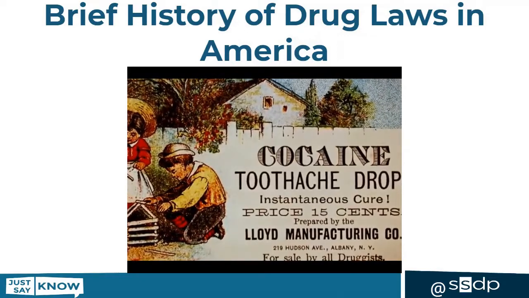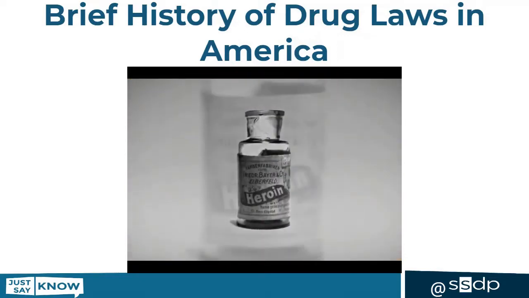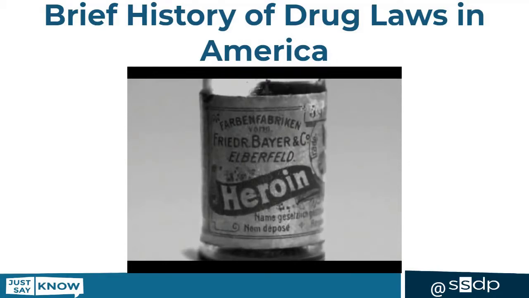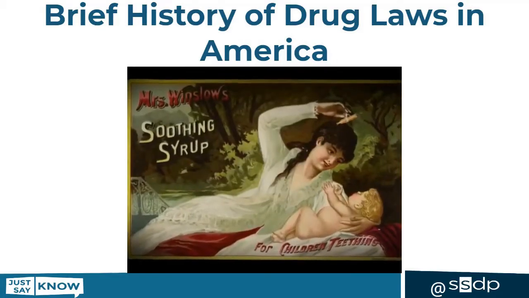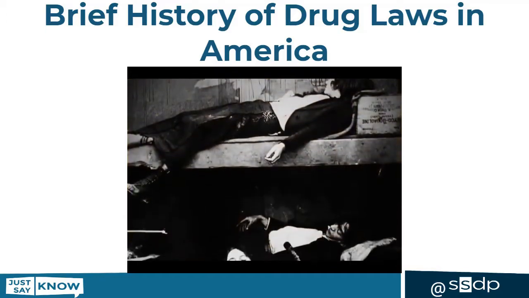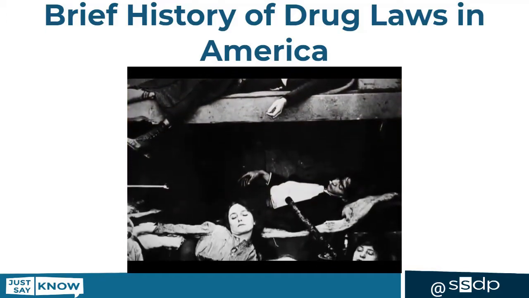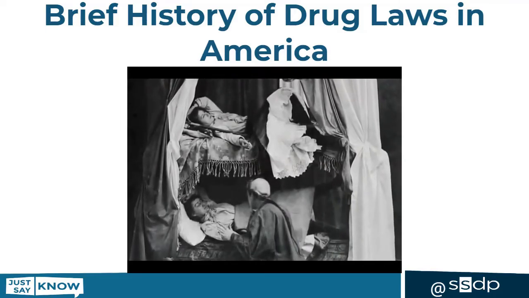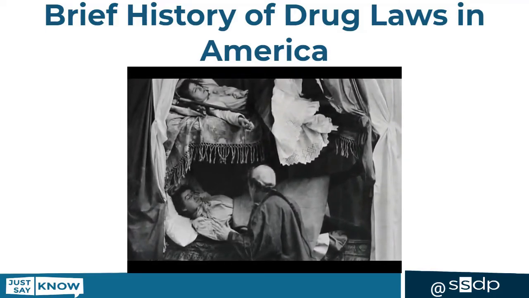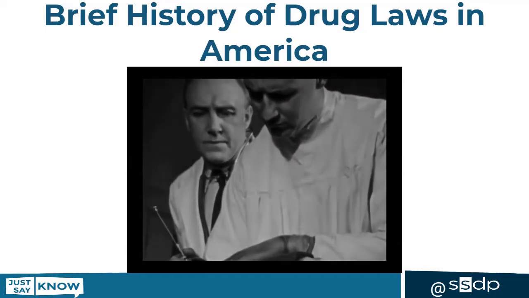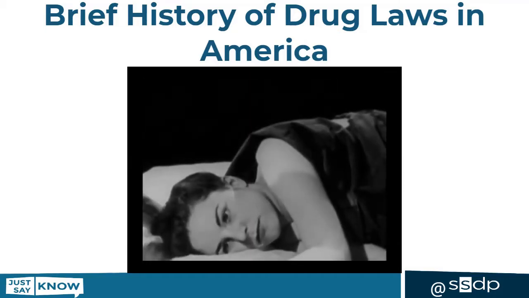Cocaine was widely used, heroin. People using drugs was something that was just ordinarily accepted. Opium, for example, was used by middle-aged, successful whites, often housewives in the South. If people were addicted or abusing drugs, they were viewed sympathetically as people who had to be helped. It was seen as a public health issue rather than a crime issue.